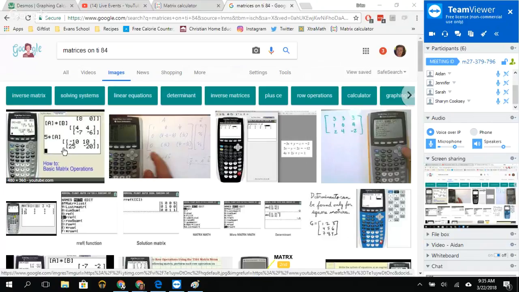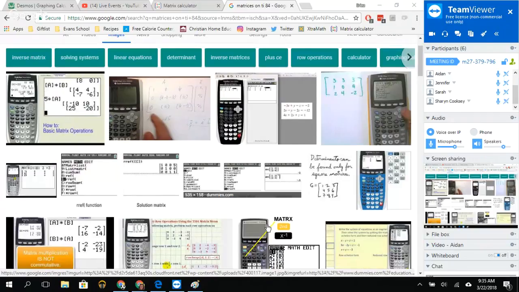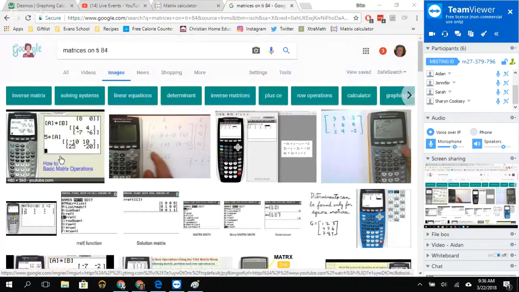There are obviously lots of YouTube videos out there about how to solve for matrices, and I think I showed you guys where that button is. I'm trying to find a picture. Oh, are these images?